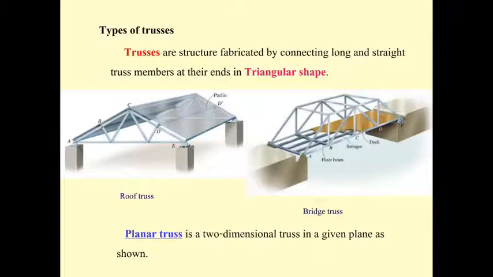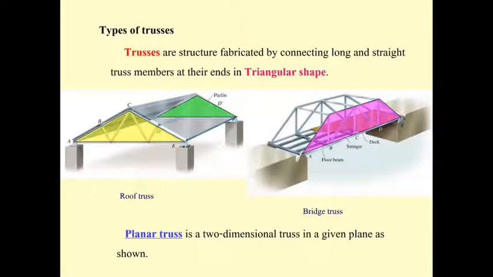We call this kind of truss the banana truss. The banana truss is the 2-dimensional truss in the given plane, as shown with the yellow and the green. We just consider only one of them in 2 dimensions. Like this one also, we only consider the truss this way.